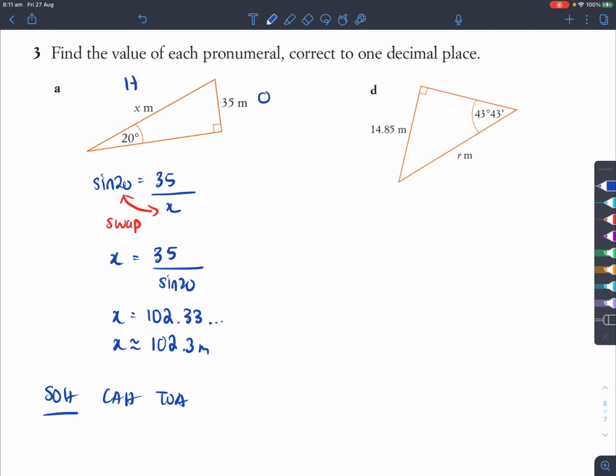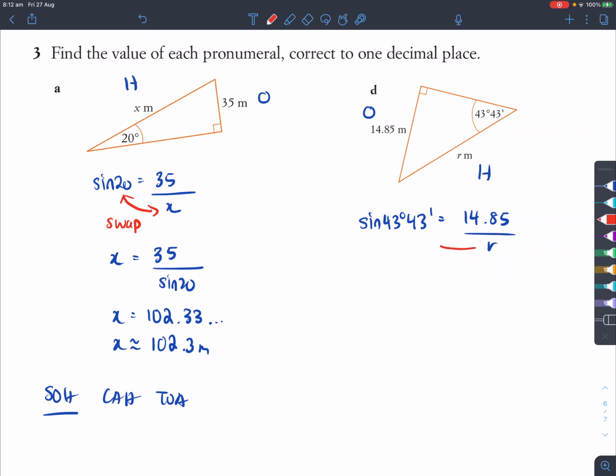Now let's have a look at question D. Opposite this angle here is 14.85, so we call that opposite. Our longest edge is opposite the right angle, which we call hypotenuse. So then we're going to use the sine ratio once again, because the sine ratio involves opposite and hypotenuse. So sine of the angle, 43 degrees and 43 minutes, is equal to the opposite edge, which is 14.85 over r. Now once again, our unknown letter is at the very bottom, on the denominator.